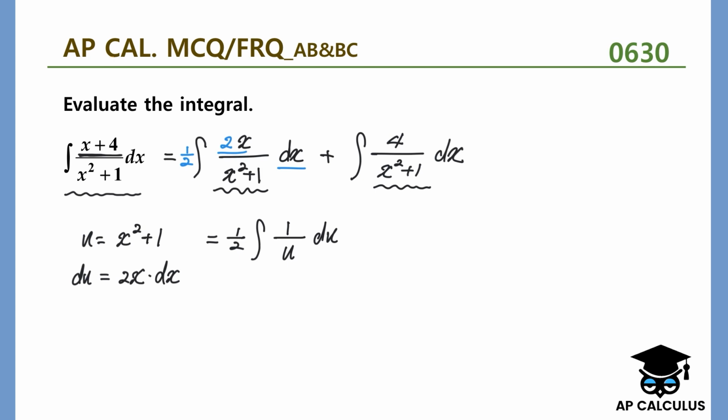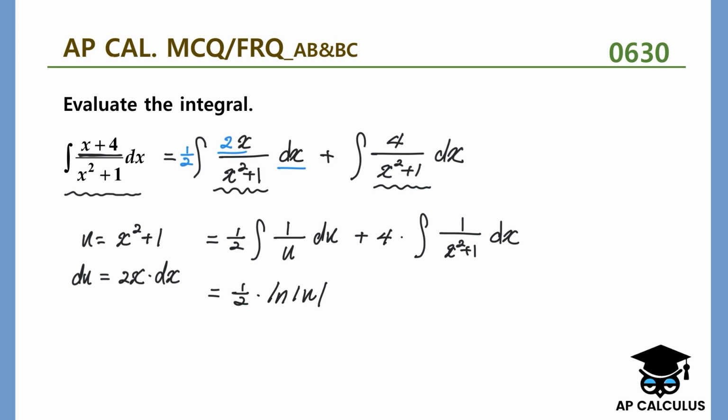Now, the second indefinite integral can be written as 4 times integral 1 over x squared plus 1 dx, right? Now, let's find the antiderivative of each indefinite integral. So, that is equal to 1/2 integral 1 over u du. That's natural log u, right?